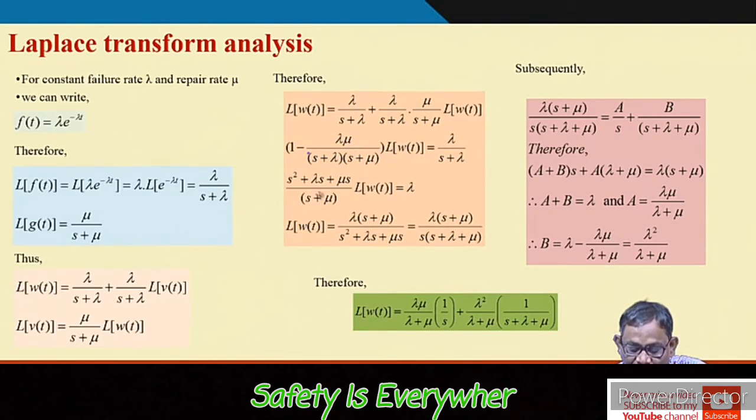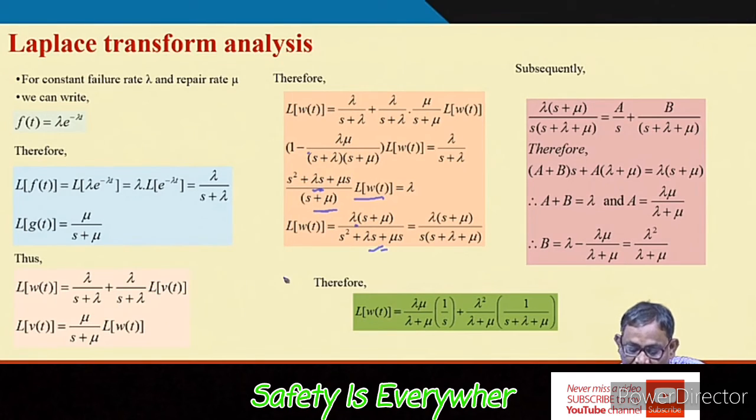So then LWT equals lambda into this divided by this quantity. So that can be lambda S plus mu, and if I take S common, then that will be S into S plus this one.